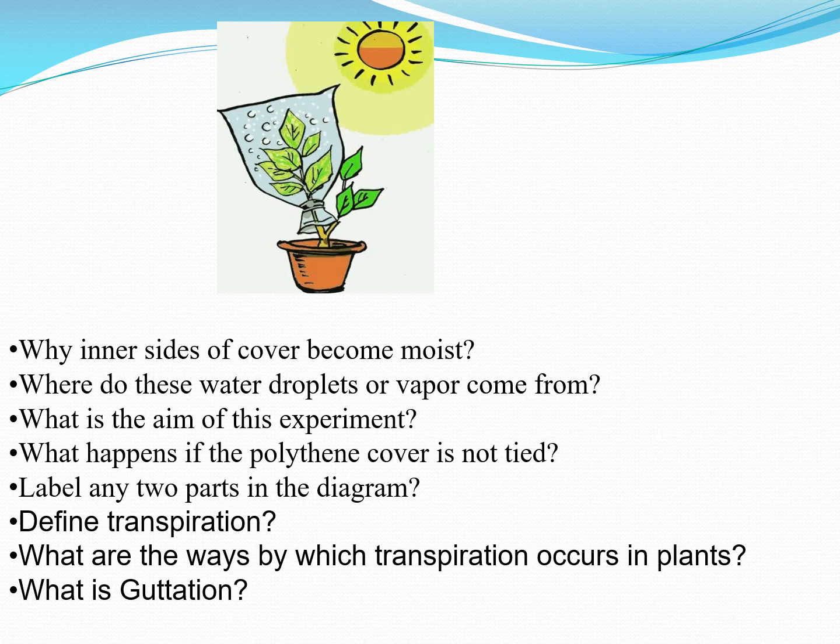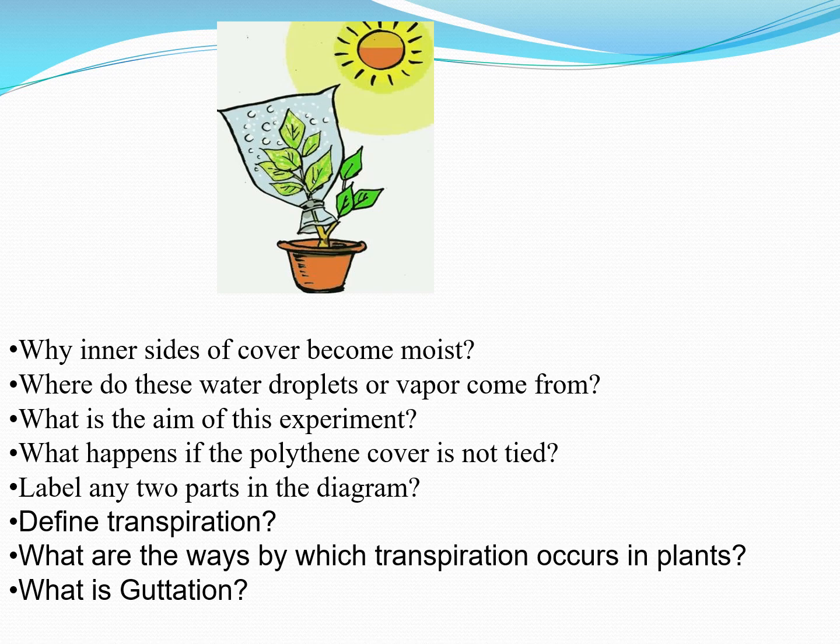Next, define transpiration. Loss of water in the form of water vapor from aerial parts of the plant is called transpiration. Next question. What are the ways by which transpiration occurs in plants?